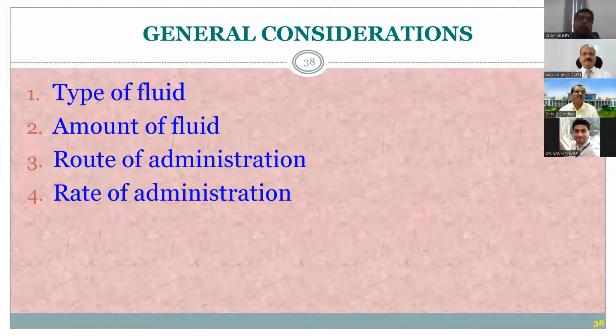And also we need to select which type of fluid needs to be selected, what quantity of fluid needs to be administered, what is the route of administration, and how much quantity I need to administer to a cow or buffalo which we are going to treat. So these points we need to keep in mind very well.